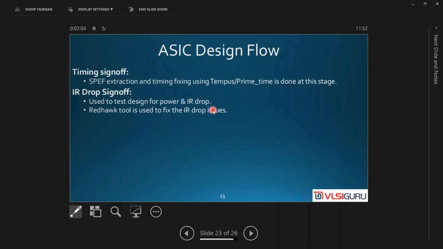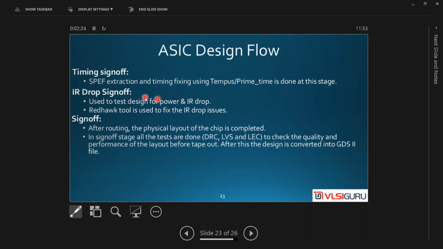It may hamper the whole functionality also. We don't want that. So that's why IR drop sign off is done. We make sure that at every instance of time, all the cells in each and every corner are provided with the desired voltage. That is IR drop sign off.